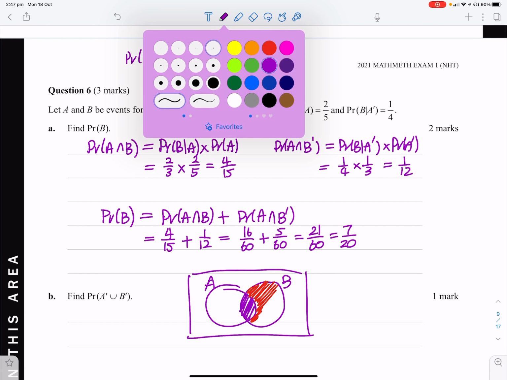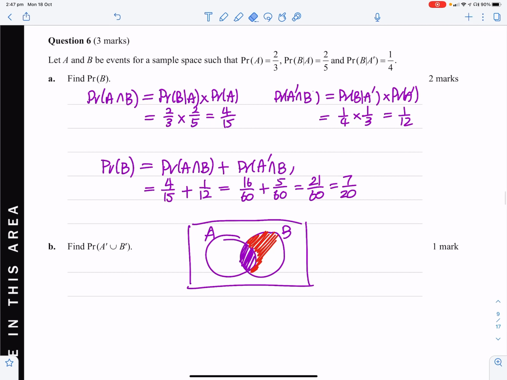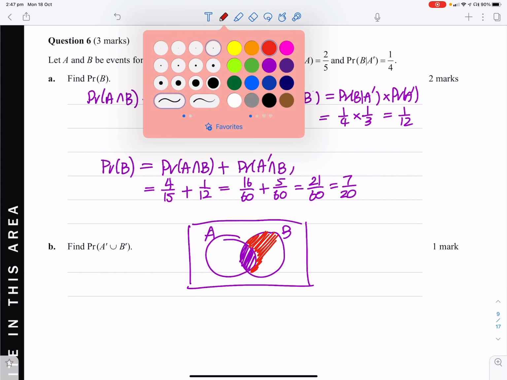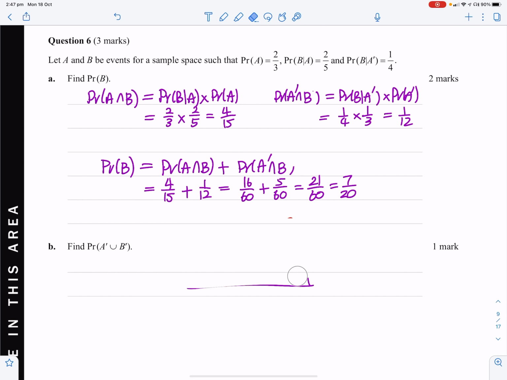I'm like, that doesn't make sense. The probability that A not intersects B. So that should be A not. All the maths is right. The probability that A not is everything not in A, but where does that intersect B? It intersects it here. So if you add those two together, which is what we've done here, you get the probability of B. I'm sure it's called the total probability.